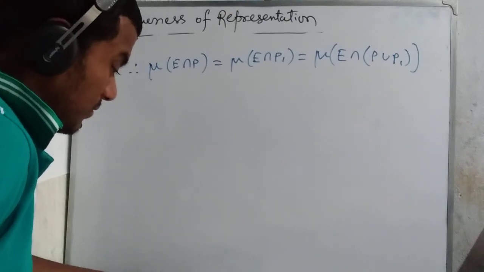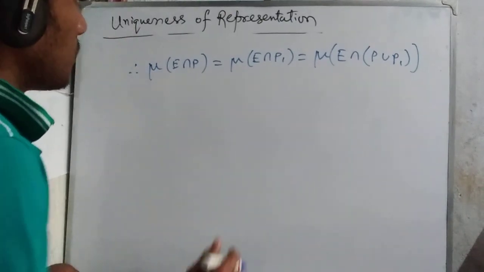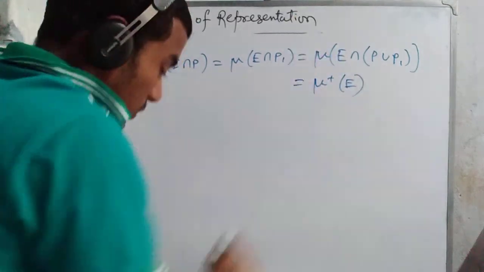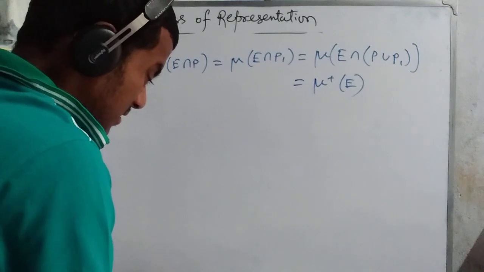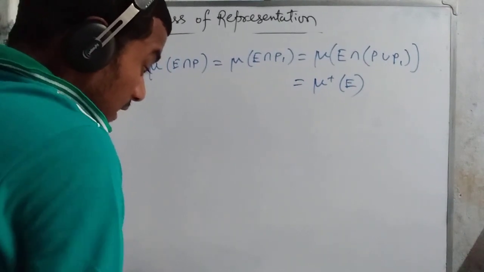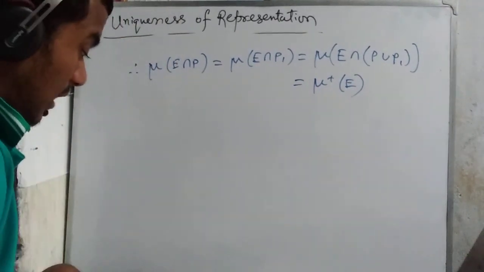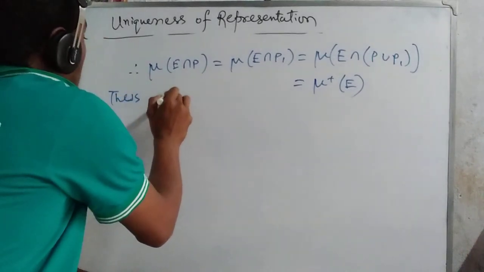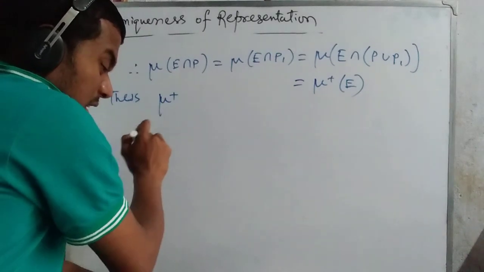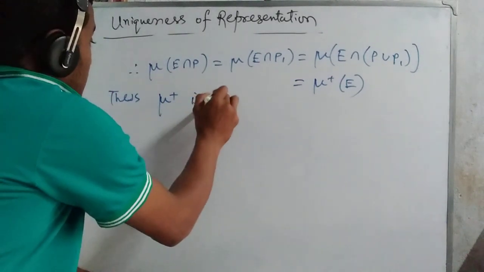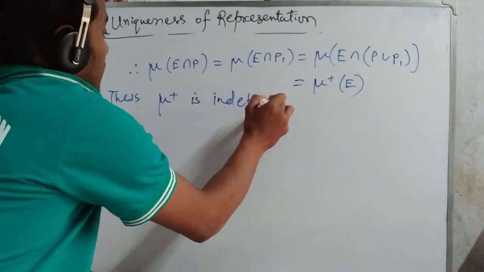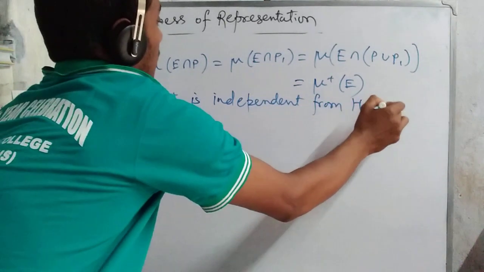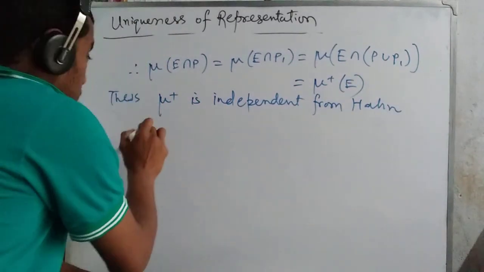So this equals mu plus of E. Thus mu plus is independent of the Hahn decomposition.